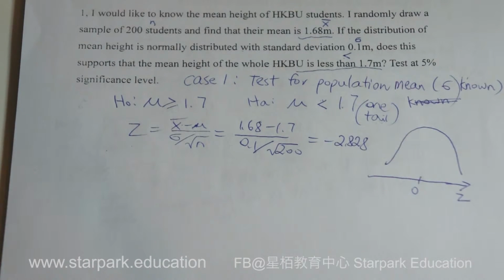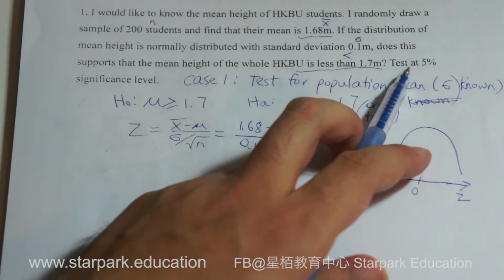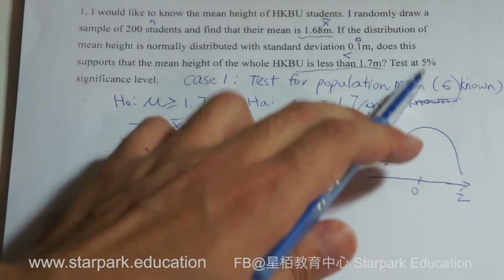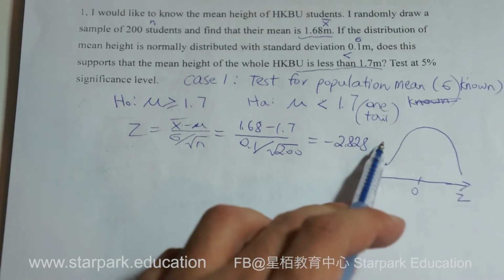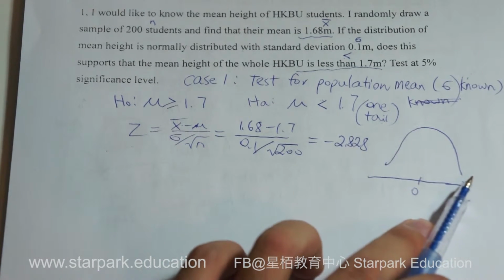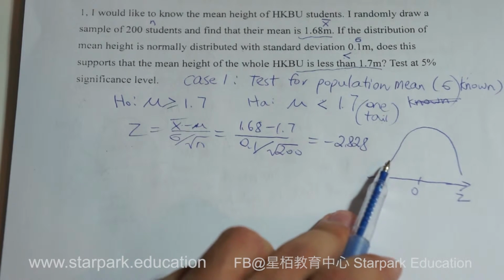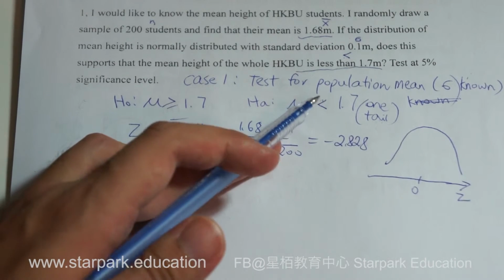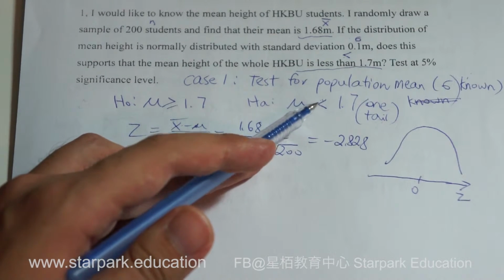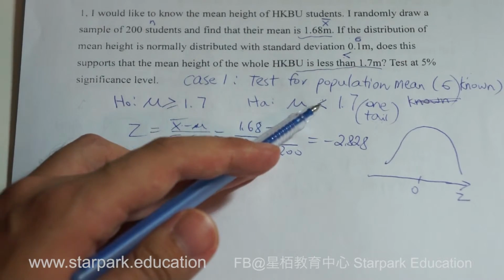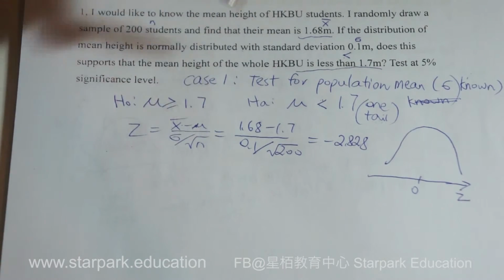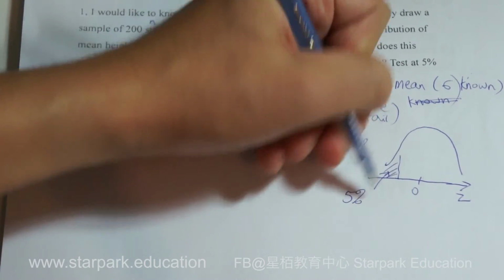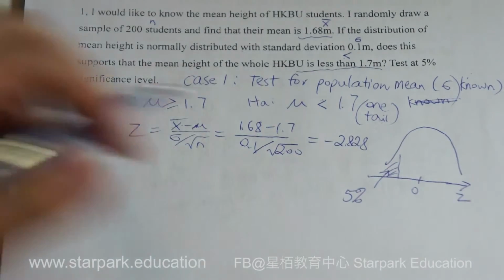What it means by a one tail test is, if we test at 5% significance level, and it is a one tail test, then the 5% has to be put on either the left or right hand side. Whether we put it on the left or right depends on the symbol in the alternative hypothesis. This is a smaller than sign, and as I have taught already, the arrow points to the left hand side. That is the easiest way to memorize. Okay, so 5% is on the left.